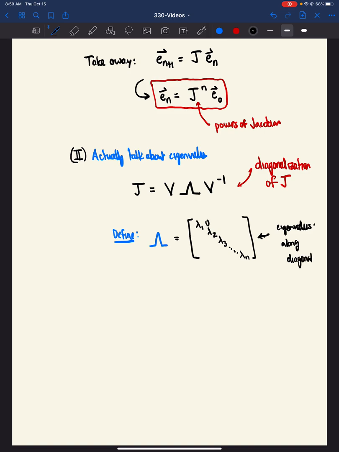Everywhere else in this matrix are zeros. So the only non-zero entries are along the main diagonal. This matrix V is a matrix where every single column is a different eigenvector.